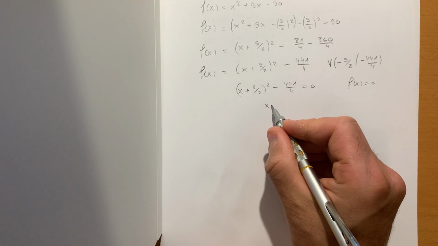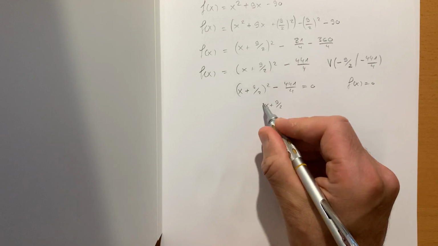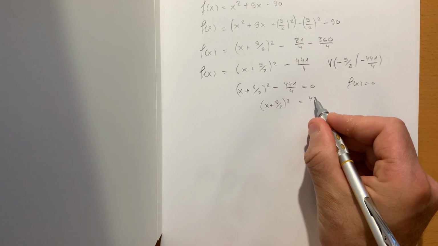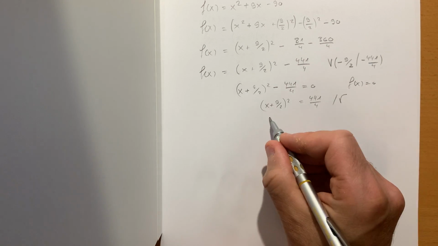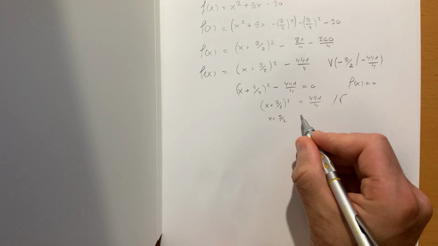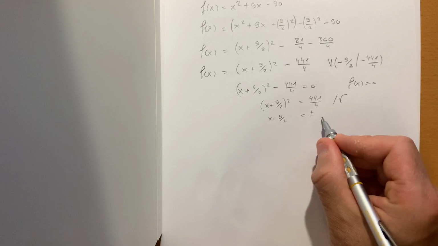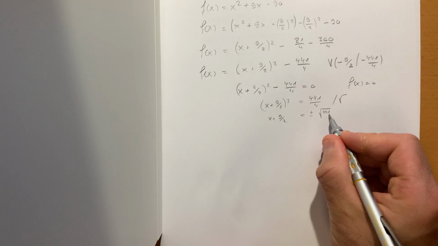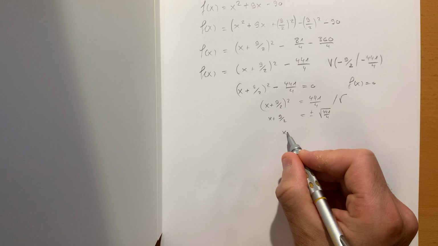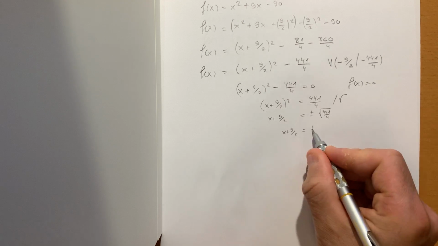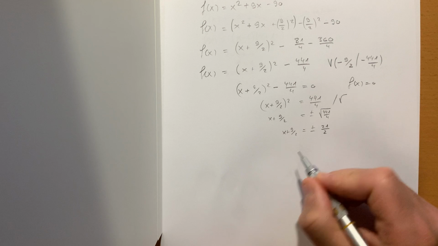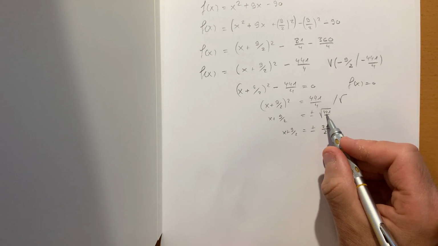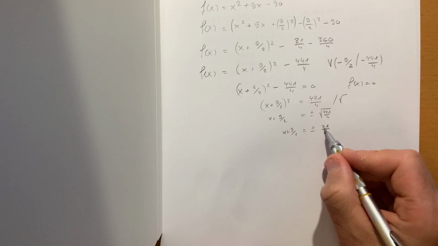So that's quite easy to work out here. 441 quarters. Then you have to take the square root. So you get x plus 9 halves is plus or minus the square root of 441 quarters. x plus 9 halves is plus or minus 21 halves.